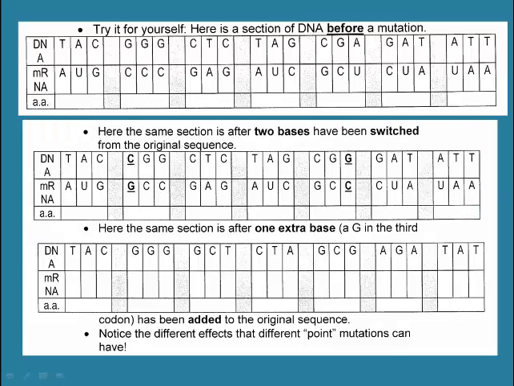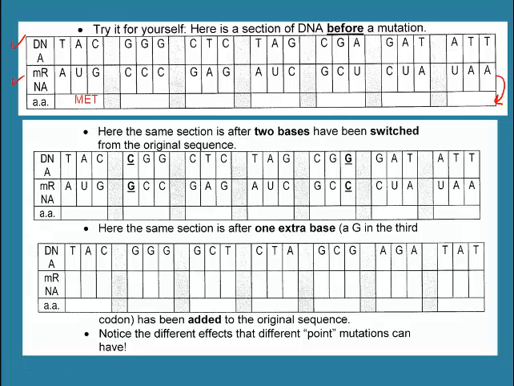Try these for yourself. If the sequence of DNA is TAC, GGG, CTC, TAG, CGA, GAT, ATT, the corresponding mRNA sequence would be AUG, CCC, etc. Use your table of mRNA codons to try to figure out what the amino acids are that are coded for by this sequence of mRNA.